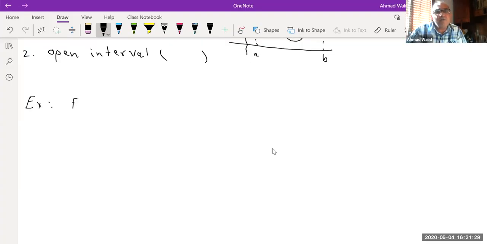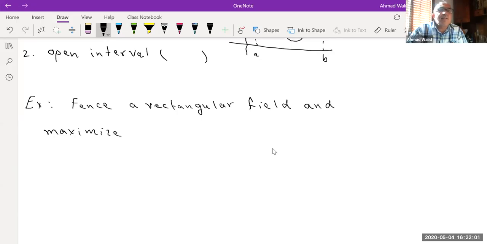If I ask you, fence a rectangular field or region, correct? And maximize the area.